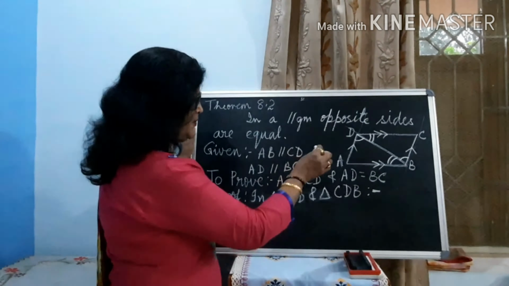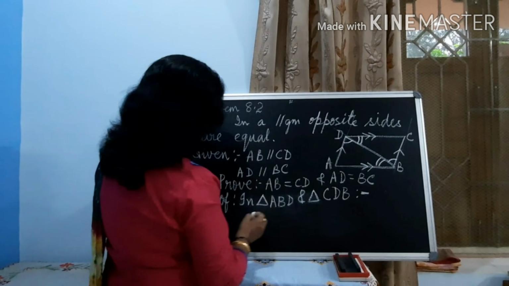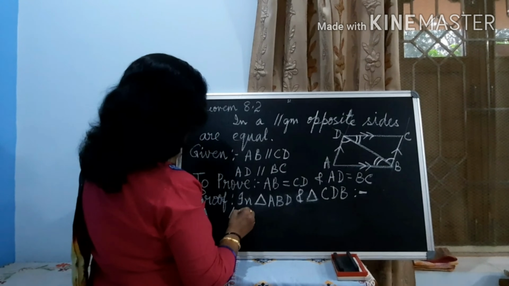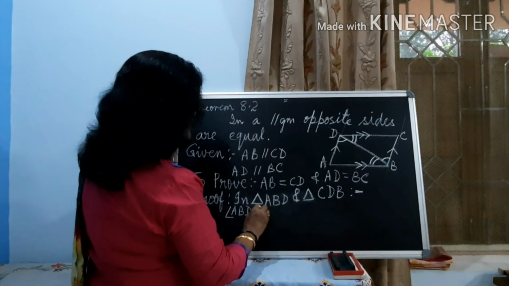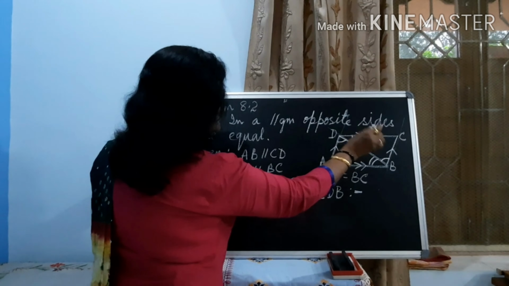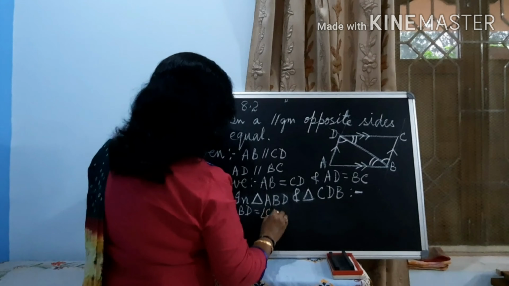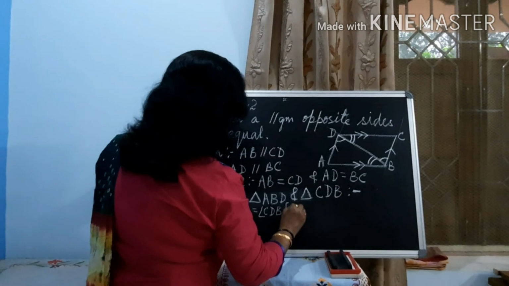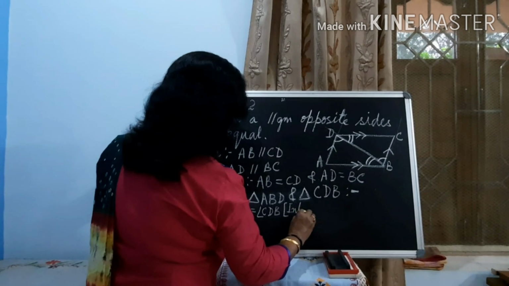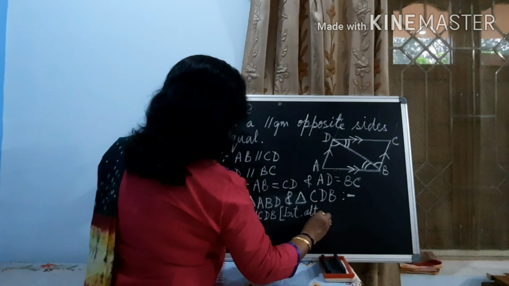Let's proceed that way. In triangle ABD, what do we get? Angle ABD is equal to angle CDB. Why? The reason is alternate interior angles.